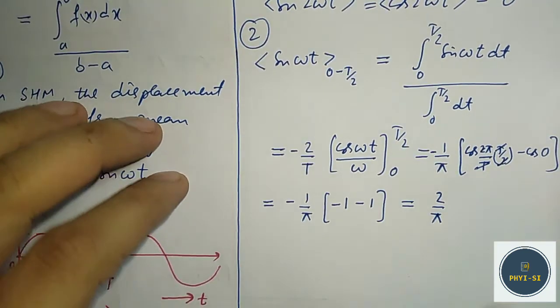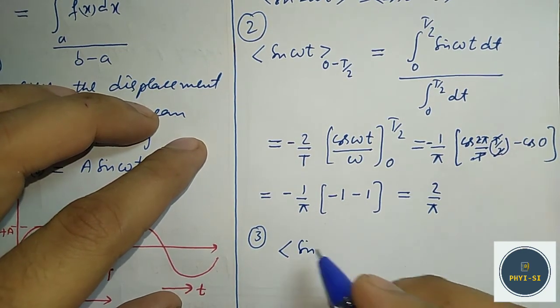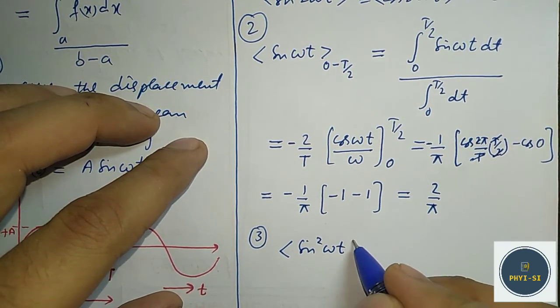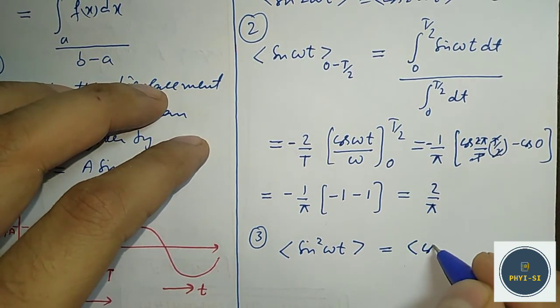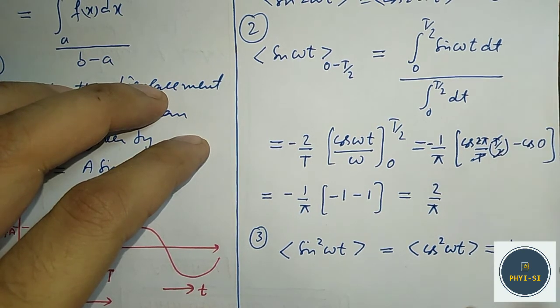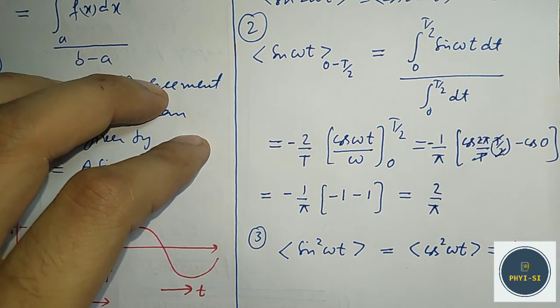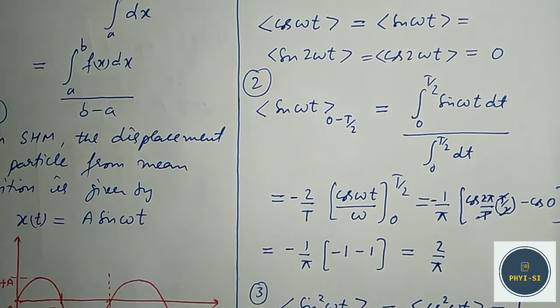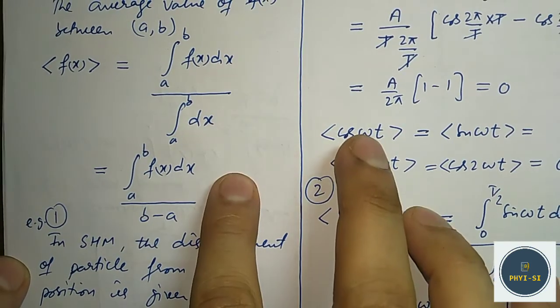If, as a third example, we try to find the value of the squares, then we see that the average value is equal to 1 by 2. So in this way you can find the average value of any function. You just need to have the limit between which you have to find the average value of the function. Just apply this formula and you will have the answer.